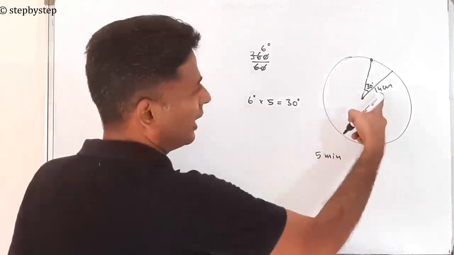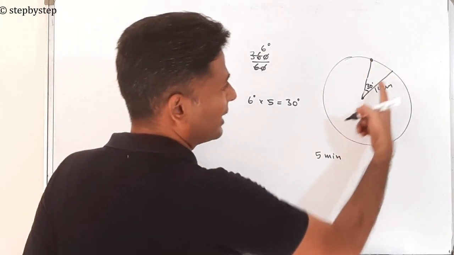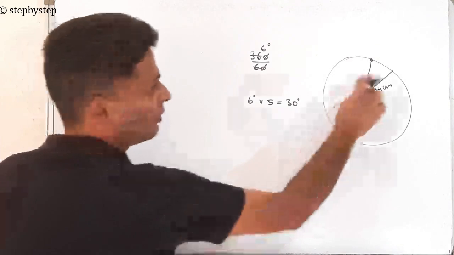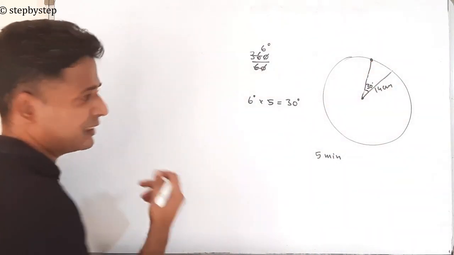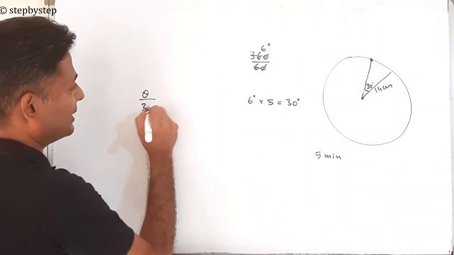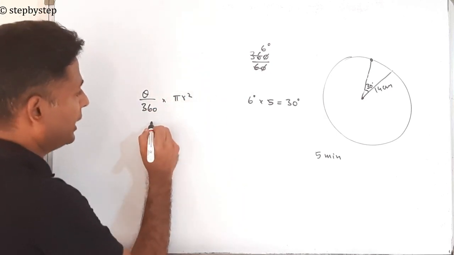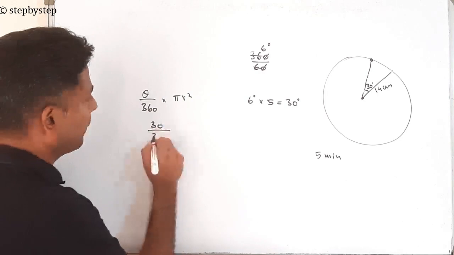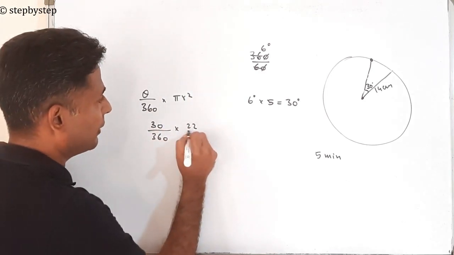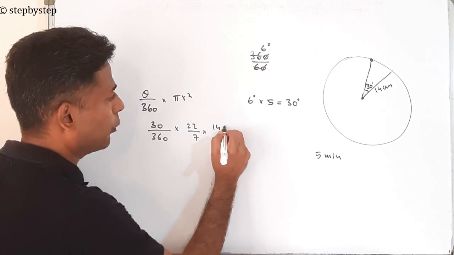Now we know our theta and we know our radius. This is like the area of a sector, basically the area swept by it makes a sector of a circle. So theta by 360 into pi r square. Theta is 30, so 30 by 360 into pi, that is 22 by 7, into r square, that is 14 into 14.